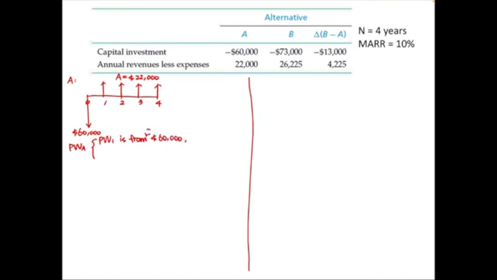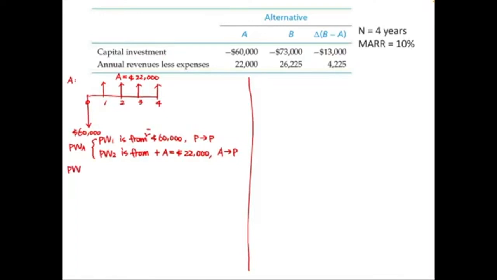And so you want to convert this present worth to present worth. And then PW2, that's the second part, is from the positive annuities, which is 22,000, right? So basically you want to convert annuities to present worth.